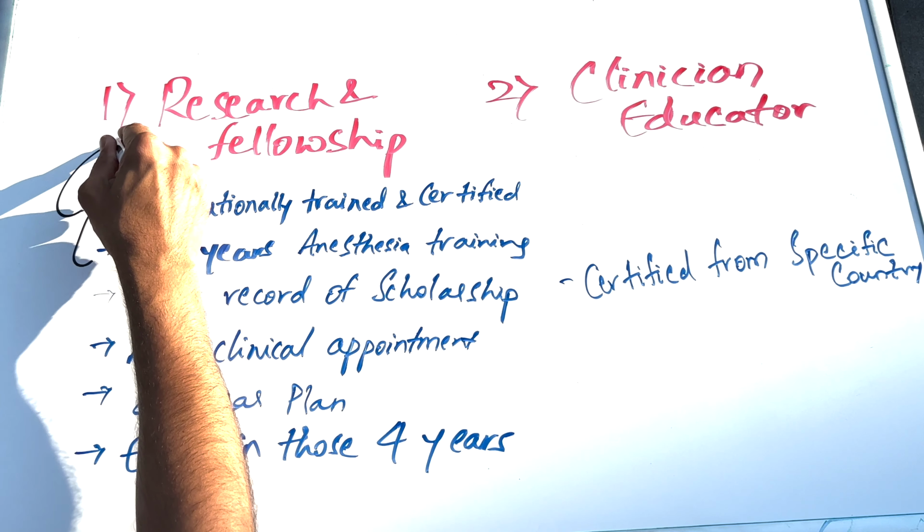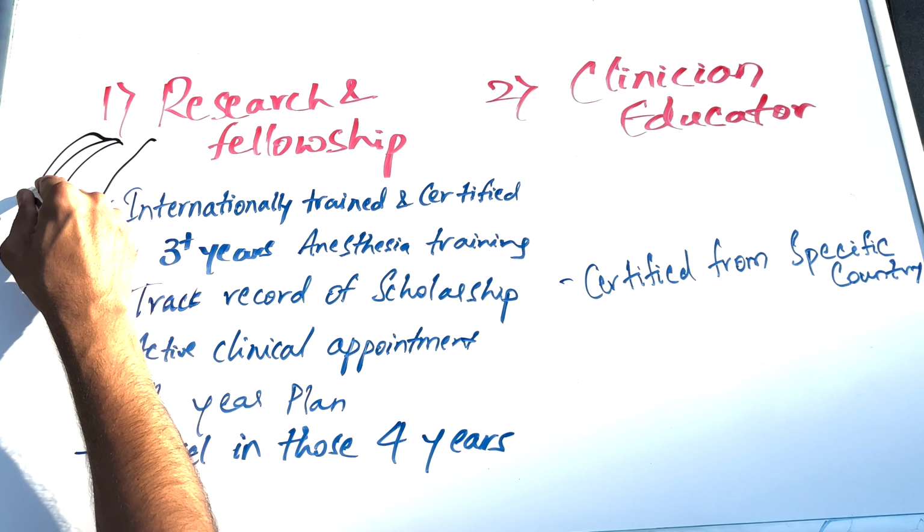So for this reason, the residency or the fellowship program director also has to support your application, provide a letter. The next thing is be board certified in anesthesiology from an ABA approved certifying body. Those are the countries that were mentioned before. The next thing is have a clinical appointment for a minimum period of 4 years after enrolling in the AEP program. Just like the research fellowship pathway, this comes after you've been selected into the program.